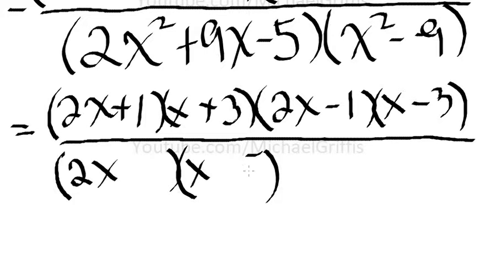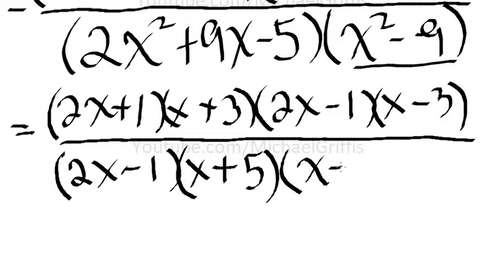I think the 5 is going to go here and the 1 here. Because that's a plus 9x, that'll have to be plus here, then minus here. So 2x times 5 is 10x, and 10x minus x is positive 9x. Okay, that's right. Now we have x squared minus 9. So that's the difference of two squares. We know it's going to be x minus 3 times x plus 3.